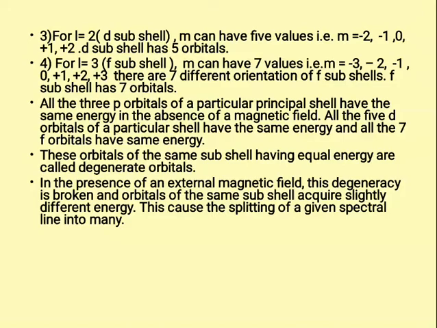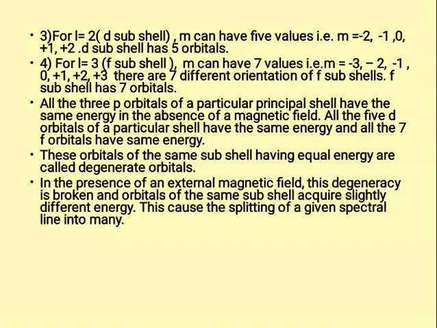Now again, for L equals 2, for the d subshell there are 5 d orbitals: dxy, dyz, dzx, dx square minus y square, and dz square.